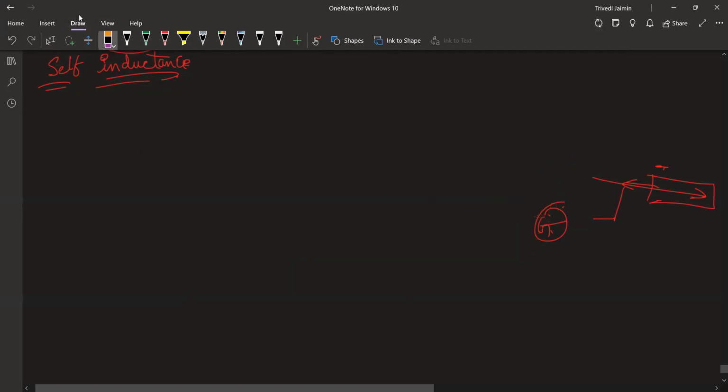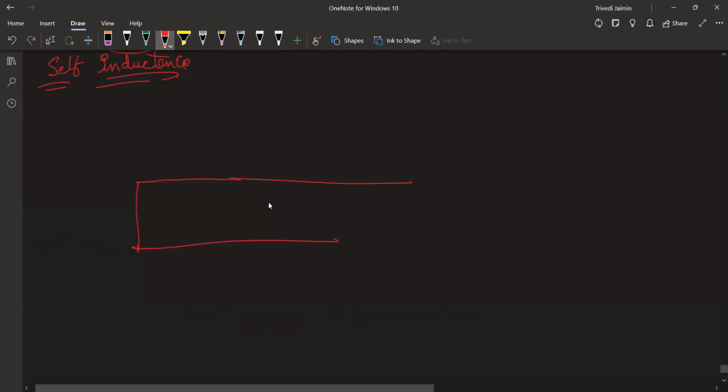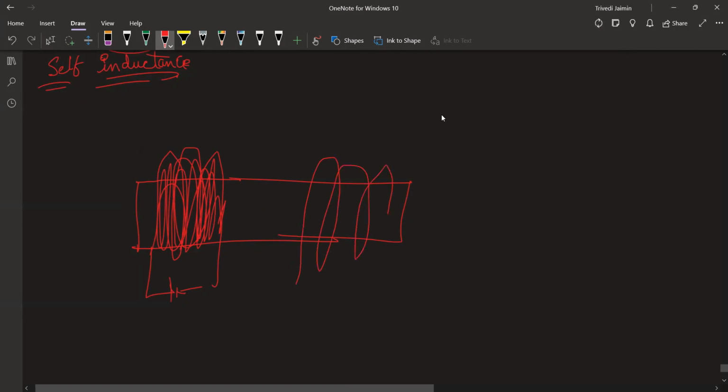Now, with this, we studied one more thing. Do you remember that? There was one coil placed here, connected with a battery, with more windings, similar to a solenoid. For self-induction, there is also mutual.